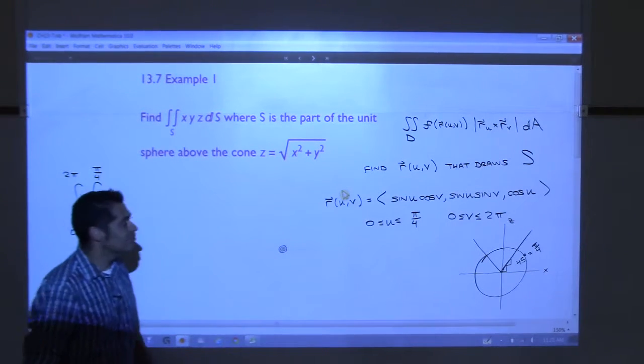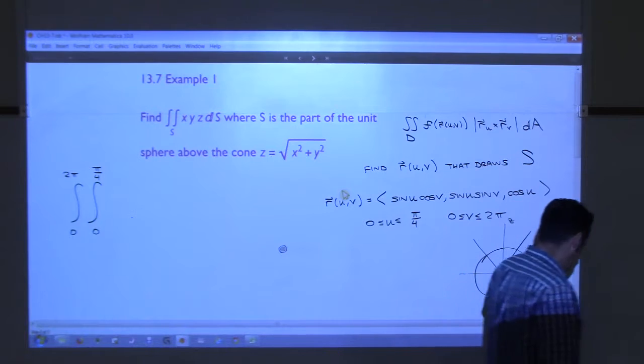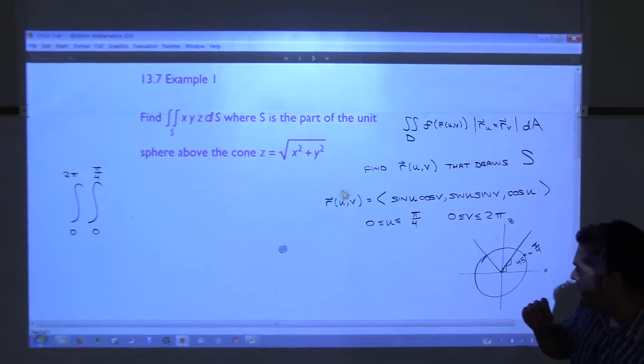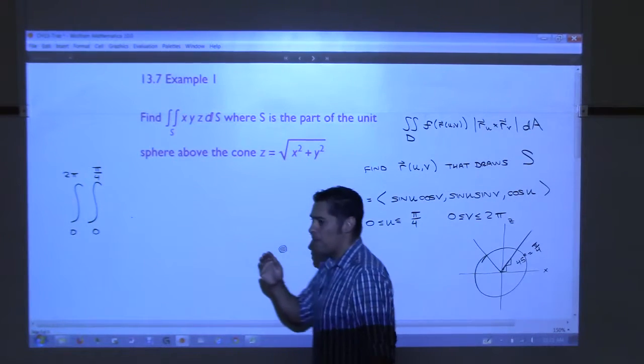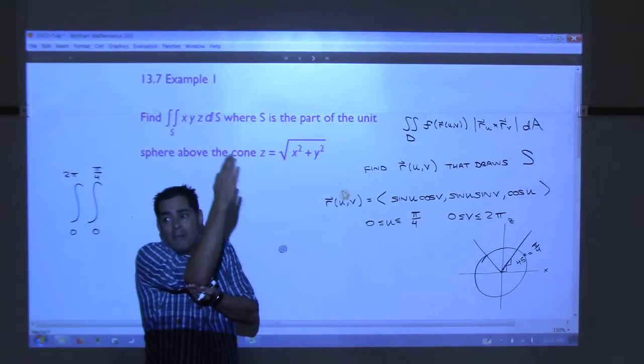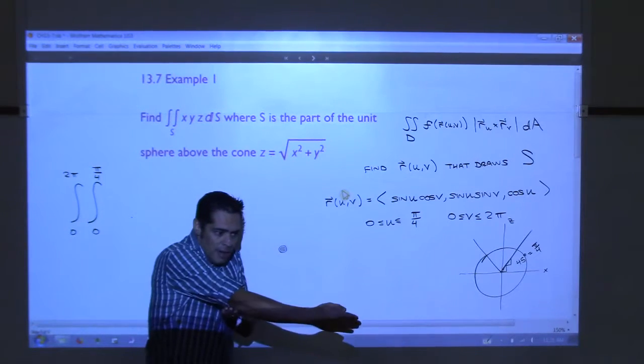Question? The 0 to pi over 4, is that getting everything below the cone, or am I looking at something different? When we did spherical coordinates, remember that was the phi, and phi is always measured from straight up and down, not straight out.